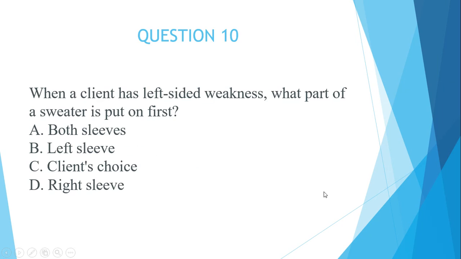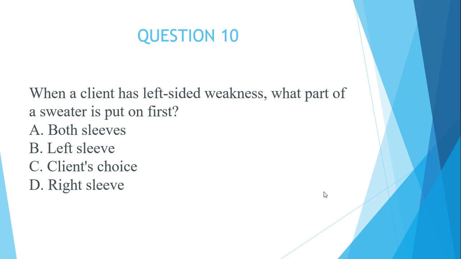When a resident has left-sided weakness, what part of a sweater is put on first? Again, first. When somebody has weakness, from this question a left-sided weakness, what part of the sweater will you put on first?